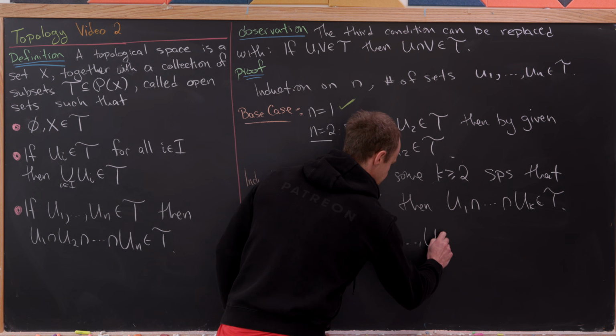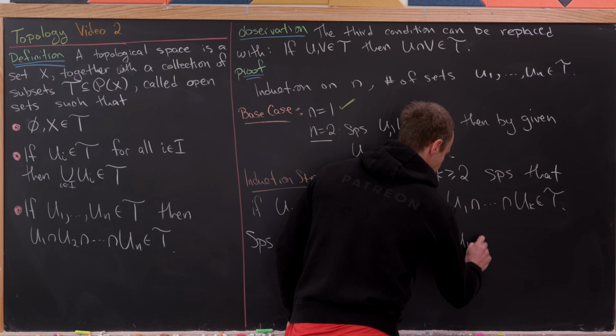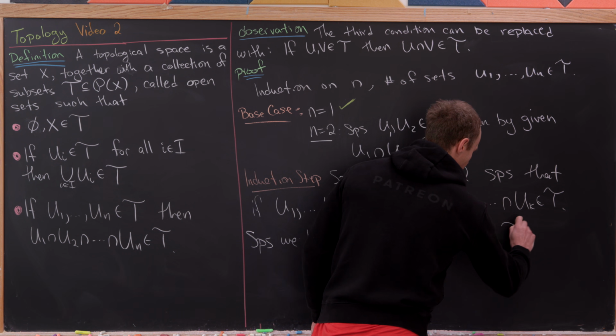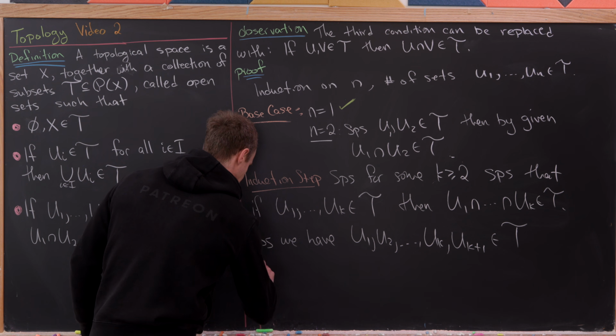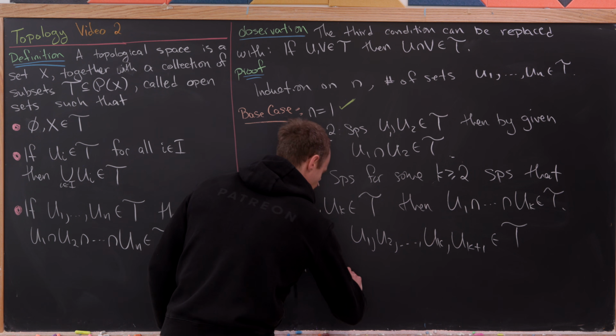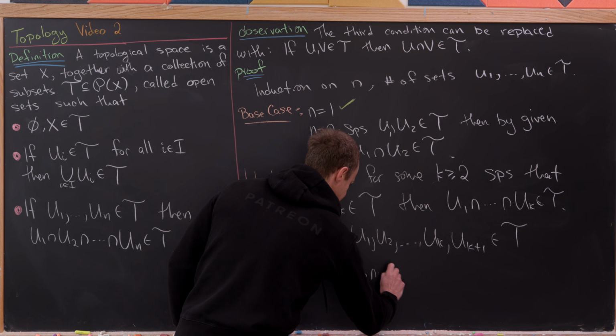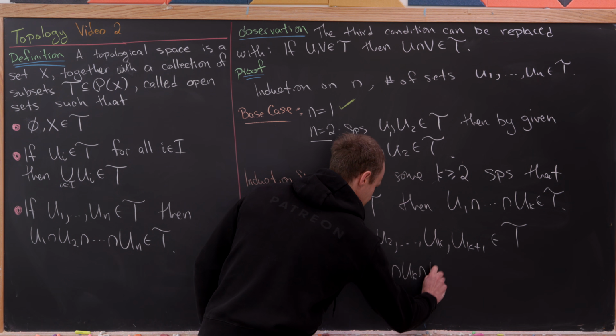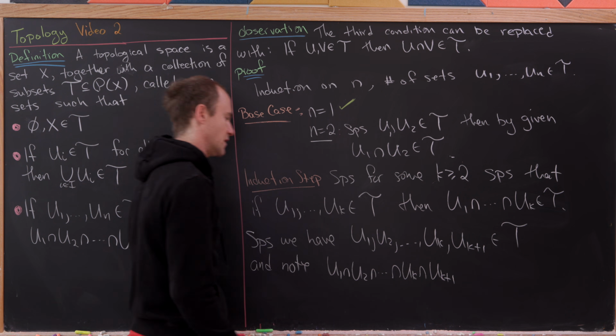I'll write those as U_1 up to U_k, and then U_{k+1} are all in T. Then let's note the following: we can write U_1 intersect U_2, intersect all the way up to U_k, and intersect U_{k+1}.